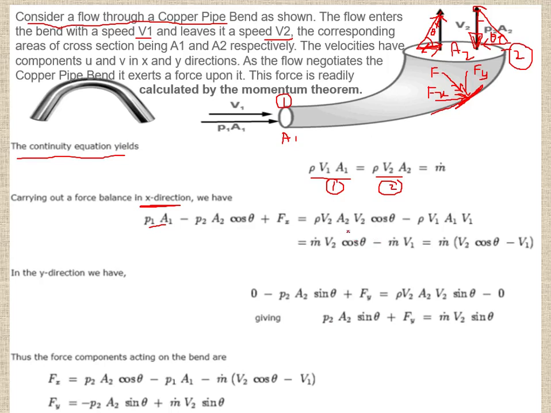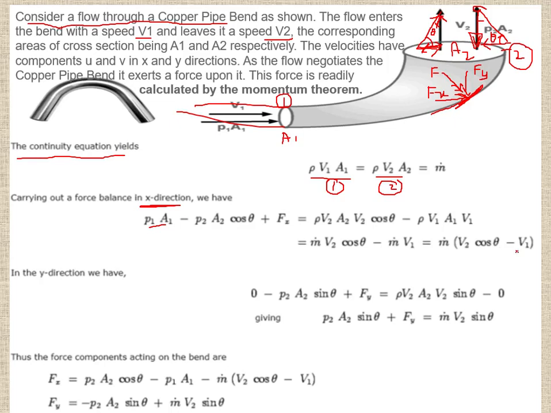So rho V2 A2 into V2 cos theta, the component of this. And at the inlet it is obviously in the horizontal direction, connected with the pipe horizontally, so it is rho V1 A1 into V1. When we simplify, the mass flow rate is common, and this becomes m dot times V2 cos theta minus V1.